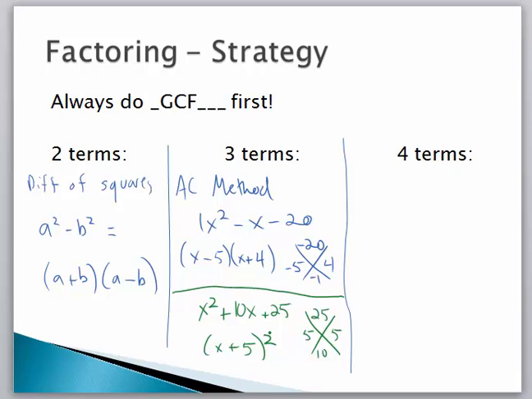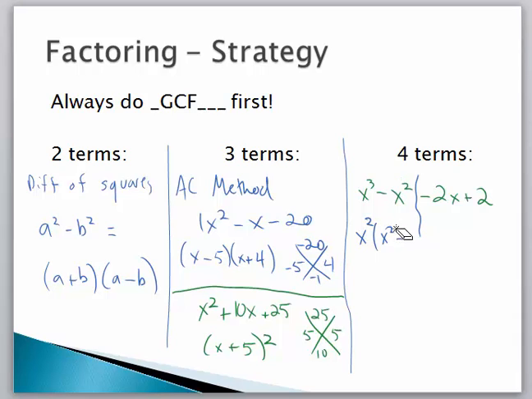If it's four terms, then most likely you're dealing with factoring by grouping. An example would be, four terms there, so we split this up, factor the common factor out of the first two, which in this case is x squared.